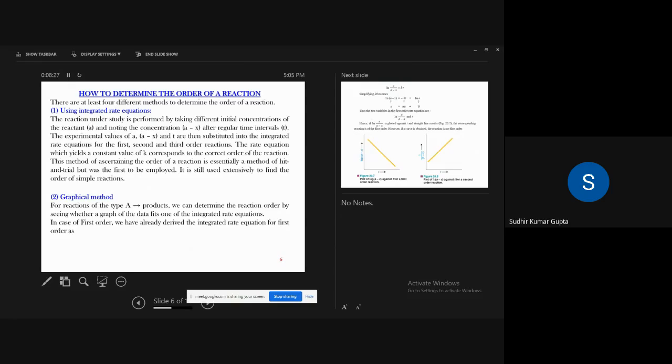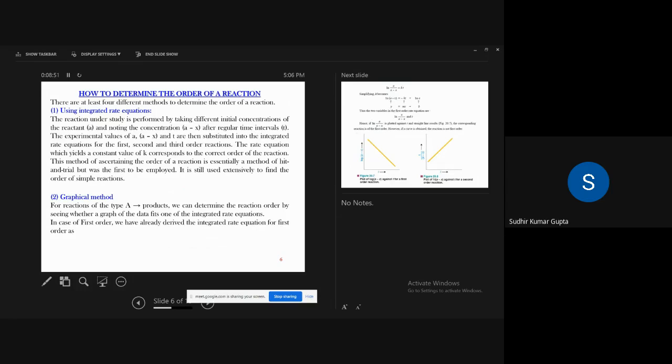If the values of a minus x, a, x and t give a fixed value of k for a particular equation, then it is that particular order. If for all the different values of x and t we are getting the same value of k from the equation for first order, then it is first order.